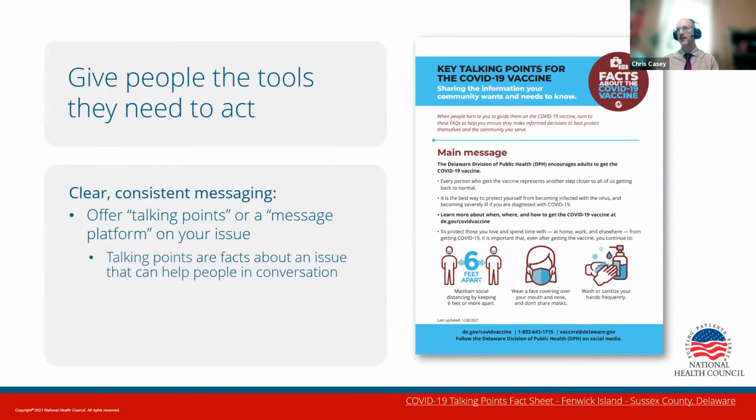When they're seeing the same thing coming in consistently, it makes it clear what they need to do or what the issue means. So talking points are simply facts, or they could be more related to stories, as Lisa was talking about, on an issue that can help guide people in a conversation.